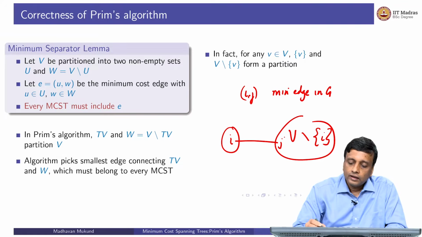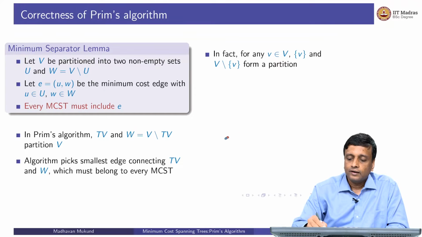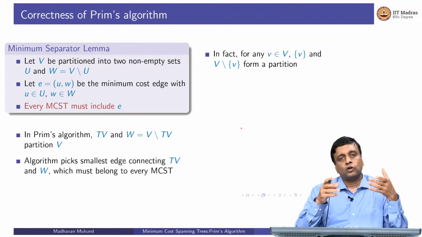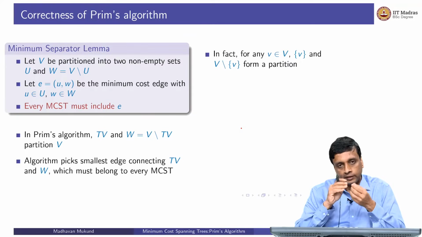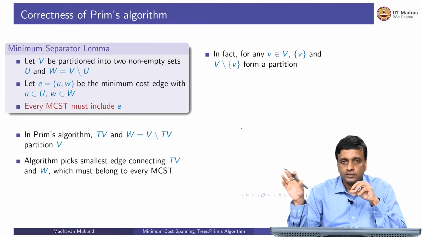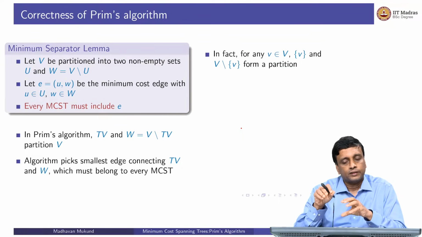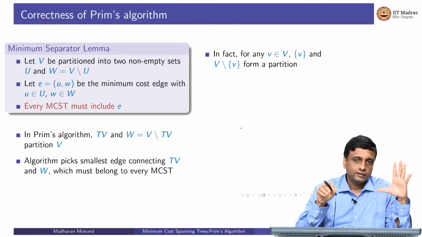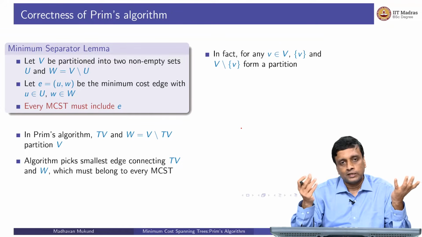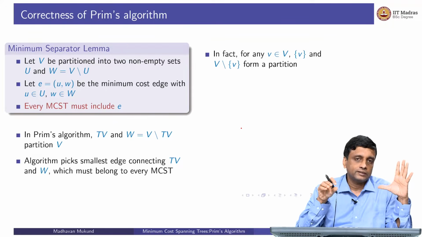But if you look at this minimum separator lemma, it actually tells you something a little bit more general than that, right? It says that for any vertex, it's not necessary, in this case we are looking at that particular minimum edge I comma j and saying I and the rest, or j and the rest, must be connected by this edge. But if I take any vertex v and I take the rest of the vertices, then because the original graph is assumed to be connected, this vertex must be connected to the other vertices somehow.